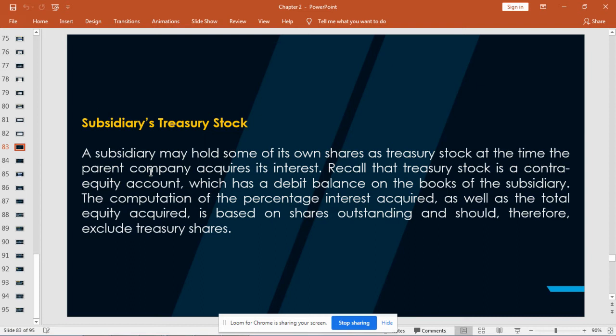The computation of the percentage interest acquired as well as the total equity acquired is based on shares outstanding and should therefore exclude treasury shares. So take note of that when computing sa ating percentage ng interest. So we will have more application of this as we go on sa ating chapter.